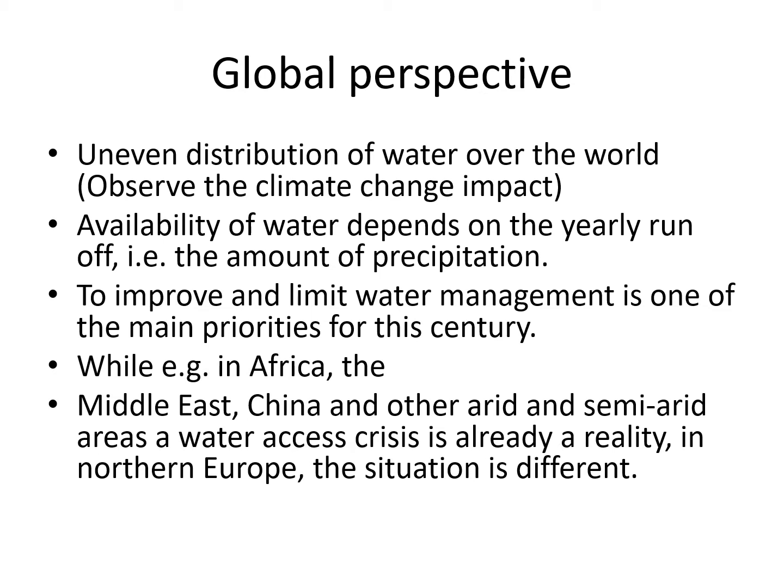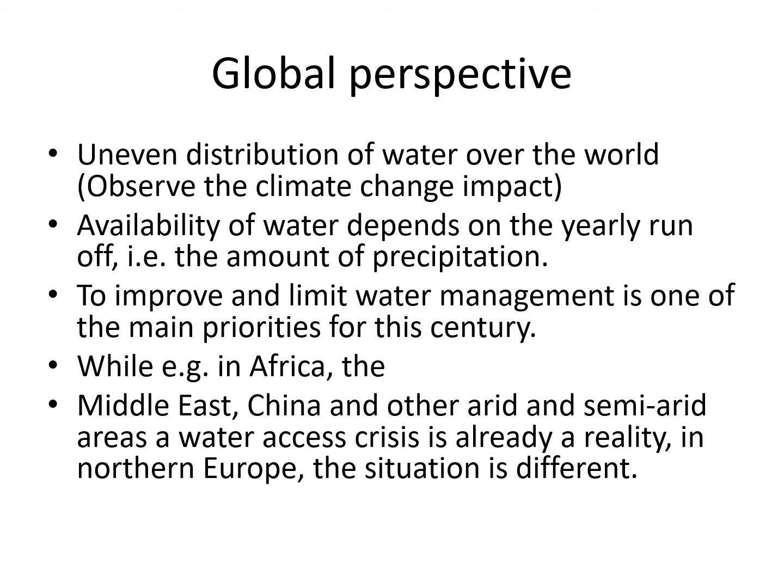So, improving and limiting water use is one of the main priorities of this century, because you have observed that some of the regions with drought conditions have to suffer. So we should try to manage water in a much more appropriate manner.